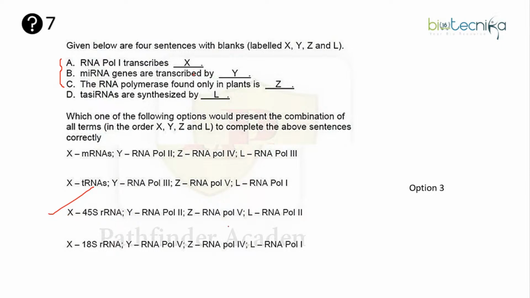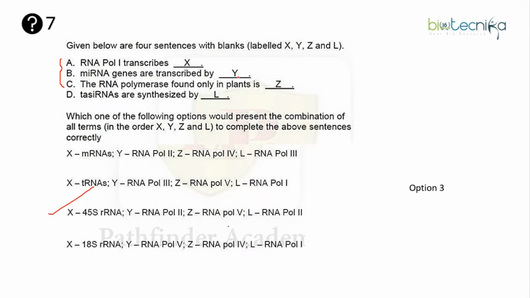Now look at the second sentence. miRNA genes are transcribed by. This is a tricky thing. miRNA genes are present within the nucleus, or more specifically, they are a part of the DNA itself. siRNA comes from outside. It doesn't have any particular transcript. But miRNA has a transcript of itself.